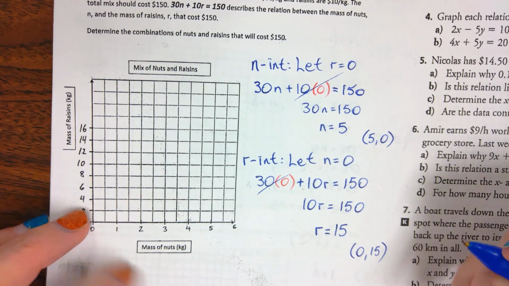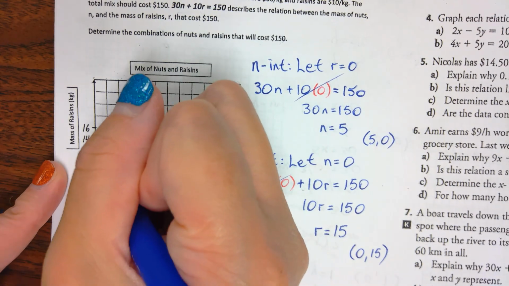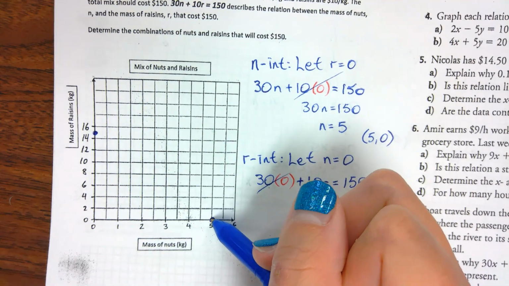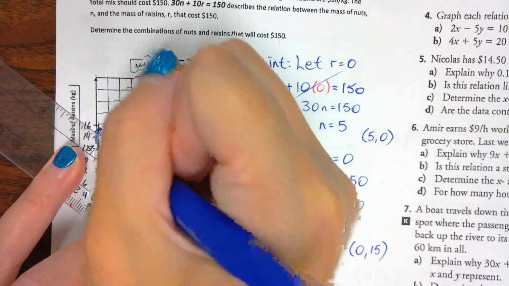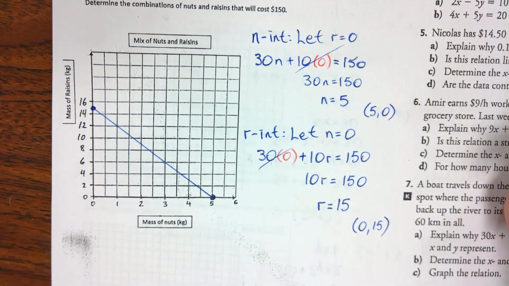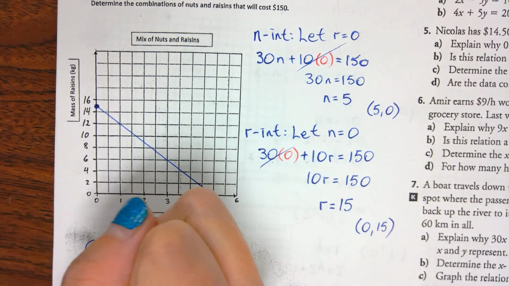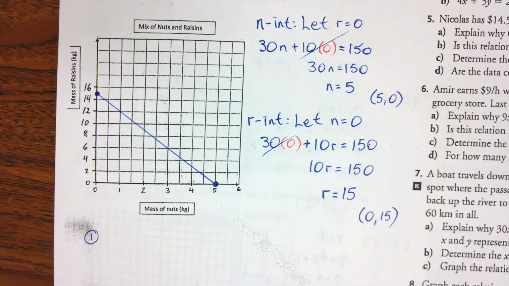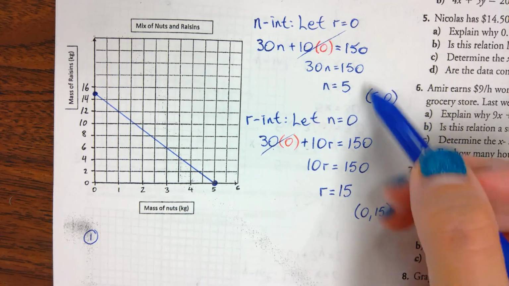Okay, I'm going to plot those 2 points, 5 and 0, 0 and 15, and I'm going to draw my line. Based on this, can you give me 3 different combinations of nuts and raisins? So this right here, 5, 0, what does that imply?